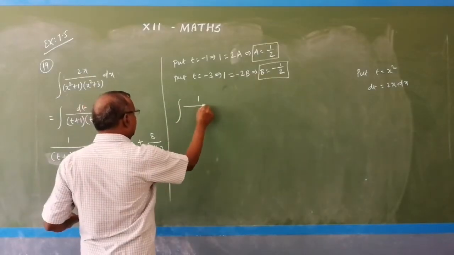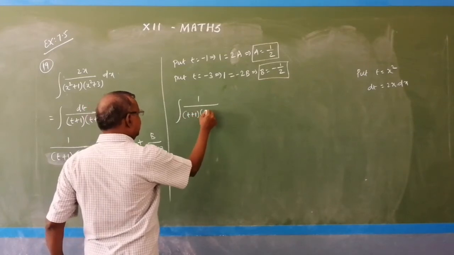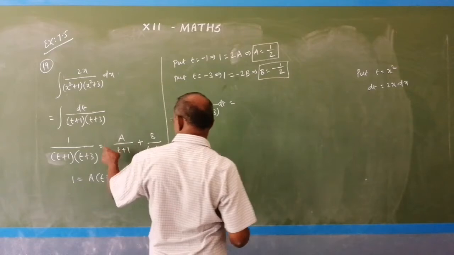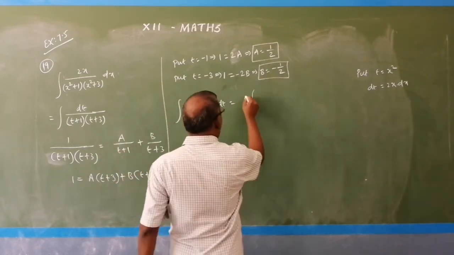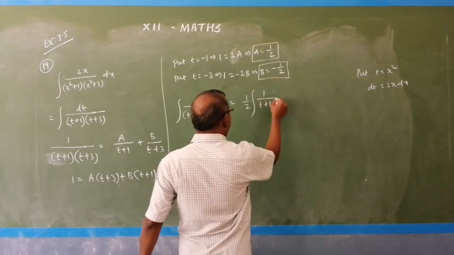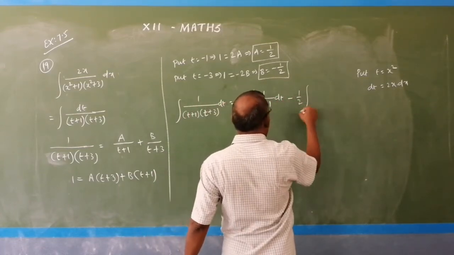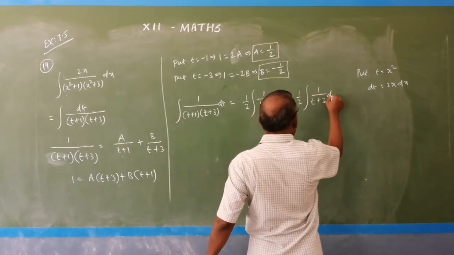Integral 1 by (t plus 1)(t plus 3) dt equal to integral a by t plus 1, that is 1 by 2 into 1 by t plus 1 dt, minus 1 by 2 into integral 1 by t plus 3 dt.